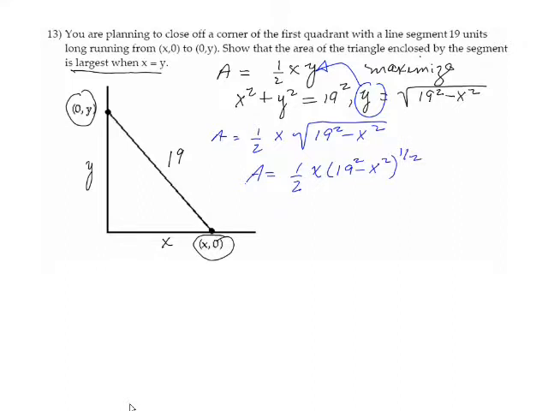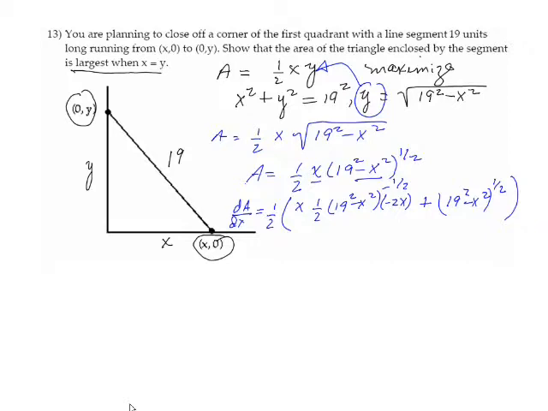Now, taking the first derivative of A with respect to x and factoring the 1/2 out, we get the first times the derivative of the second, which would be 1/2 (19 squared minus x squared) to the minus 1/2, and not forgetting the chain rule, we got minus 2x here, plus the second part of the product rule, which would be the second portion times the derivative of the first, which is 1.